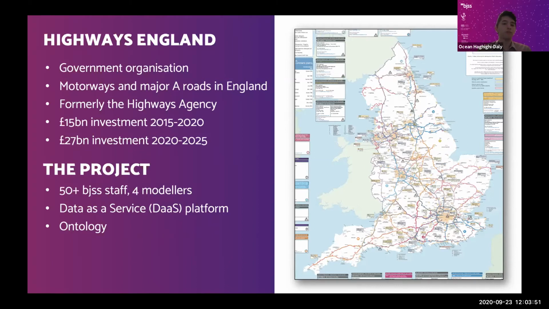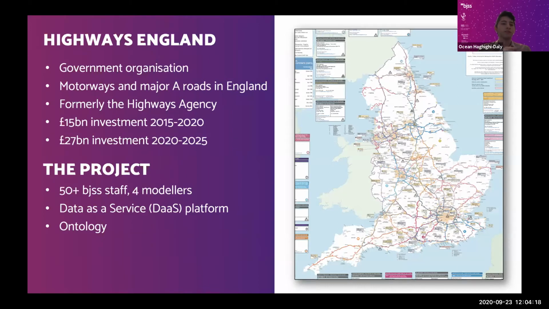The whole aim of the project is to create a data as a service platform. Highways England used to be something called the Highways Agency. They changed the name. And before that, they were a set of disparate organizations or teams, and they've been pulled together under one umbrella organization. But they still don't necessarily interact as a consistent unit.